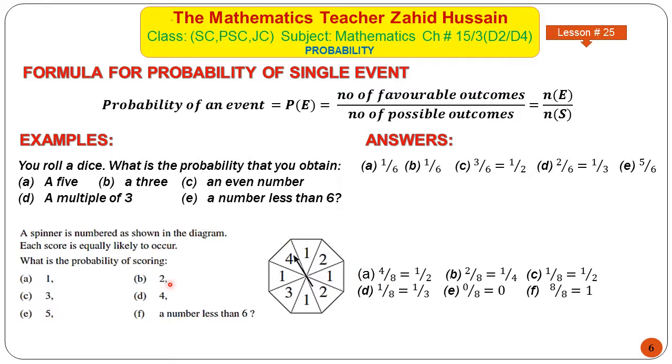Probability of 2, probability of 3, 4 and probability of 5. Because there is no 5, this is an impossible event, because the spinner cannot show 5 on it, so its probability is 0 by 8, equal to 0. And number less than 6, all the numbers are less than 6, so 8 by 8 is equal to 1, so this is a certain event.